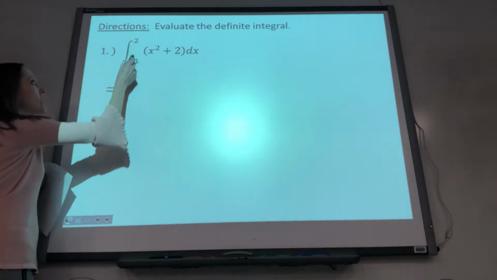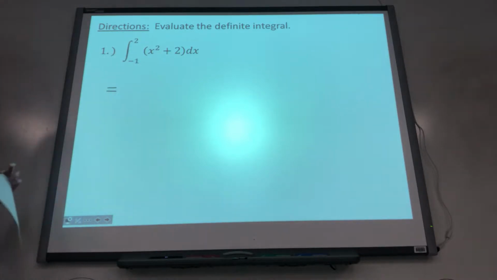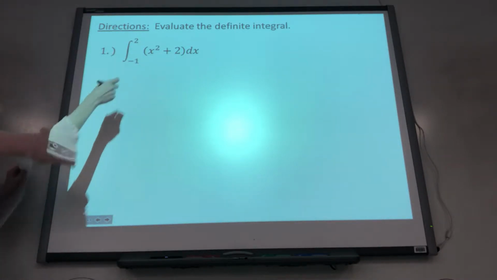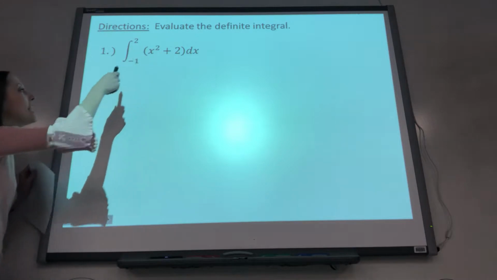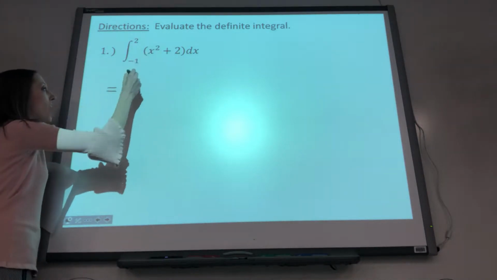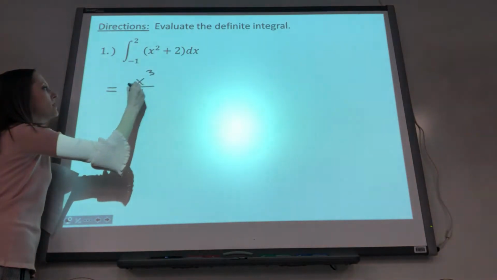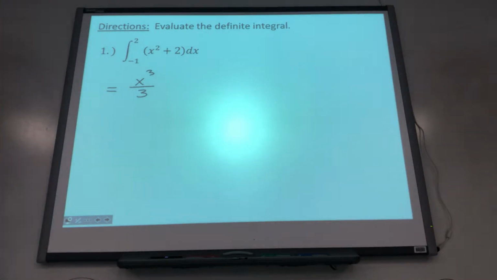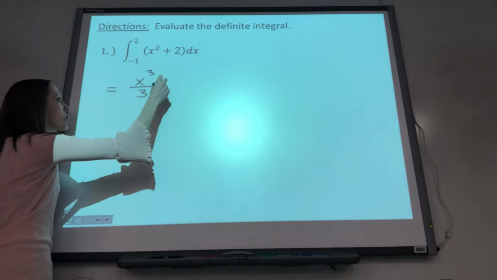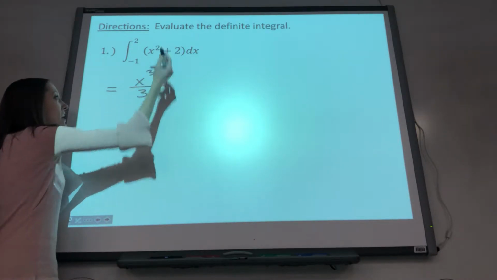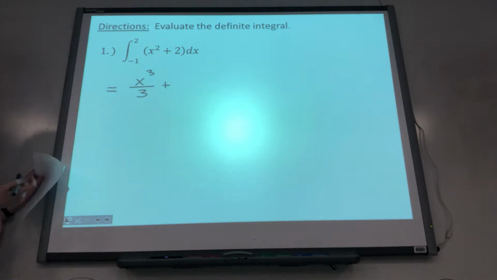So I'm not really concerned about the -1 and the 2 right now. I'm just going to take this function and integrate it. So add 1 to my power, put my new power on bottom. That becomes x cubed over 3. Plus, if I integrate 2, what would I get?